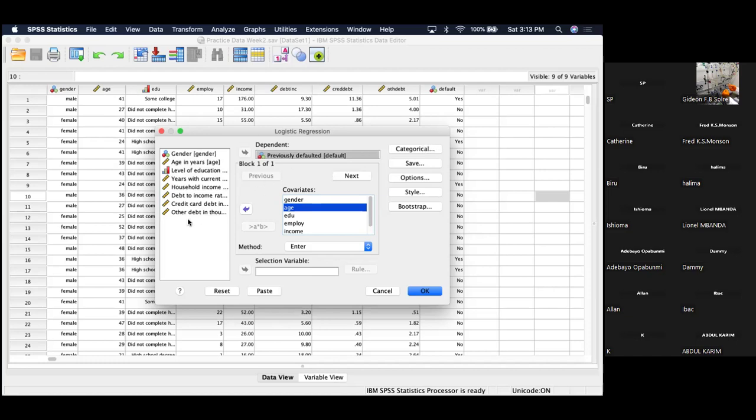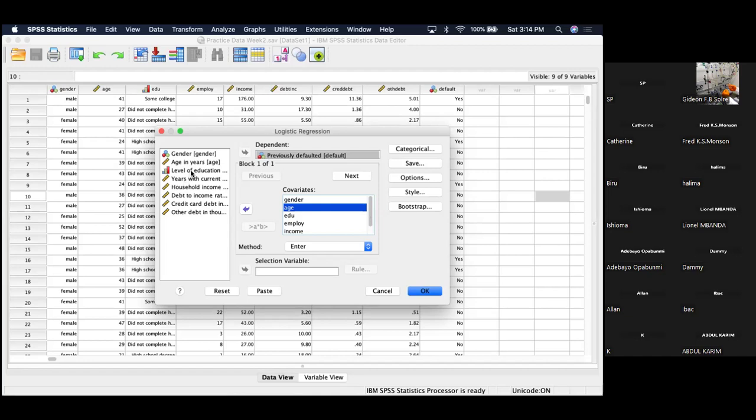Please, I would like someone to respond. Among these independent variables, gender, age, education, employment, income, do we have any categorical independent variable in the list? Please, I need a response. Yes, we do. Maybe education. Thank you very much. We do.